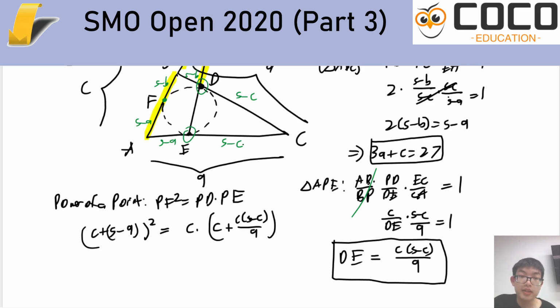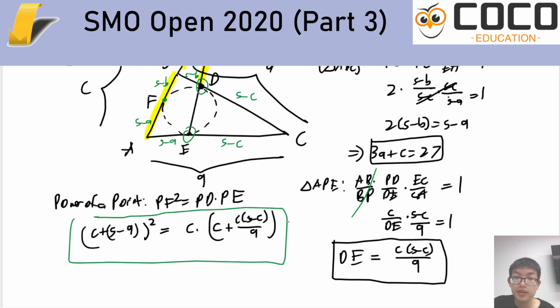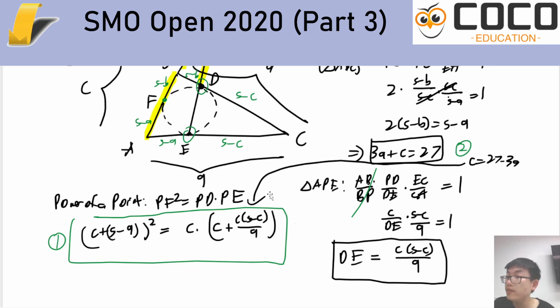Now, that means that your two equations and two unknowns are here. You can just substitute C equals 27 minus 3A into here, and as much as this looks fairly horrible, it simplifies quite nicely.